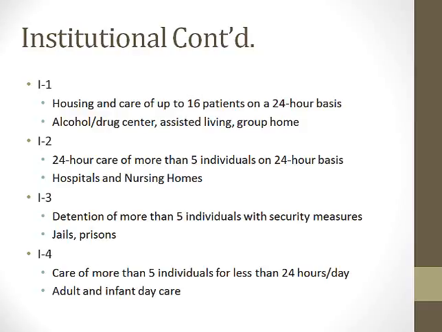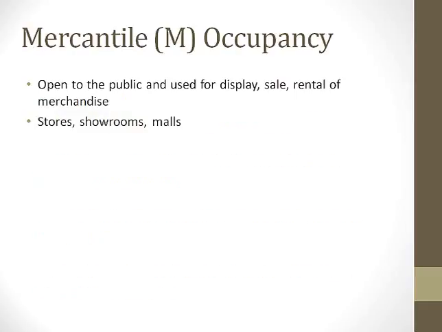I-3 is detention, jails, prisons, and I-4, care of more than 5 individuals for less than 24 hours a day, so adult or infant daycare centers. Then we have mercantile, and these are spaces that are open to the public and used for display, sale, rental of merchandise, so stores, showrooms, and malls.